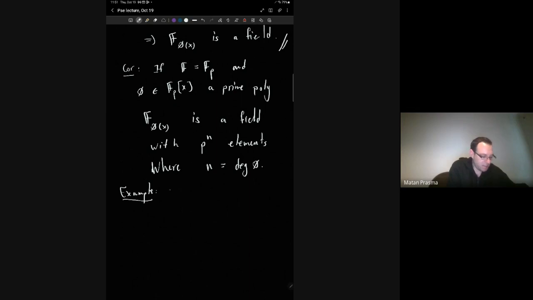So let us construct a field with 4 elements.